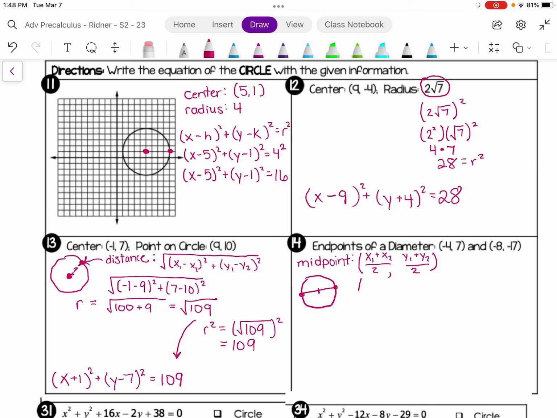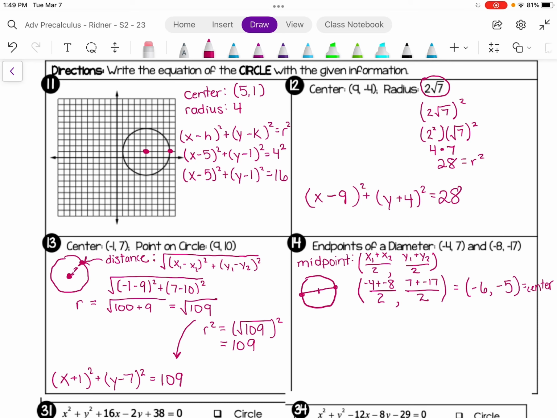So you're finding the average of the x values: negative 4 plus negative 8 over 2. Finding the average of the y values. To get negative 6, negative 5 as your center.